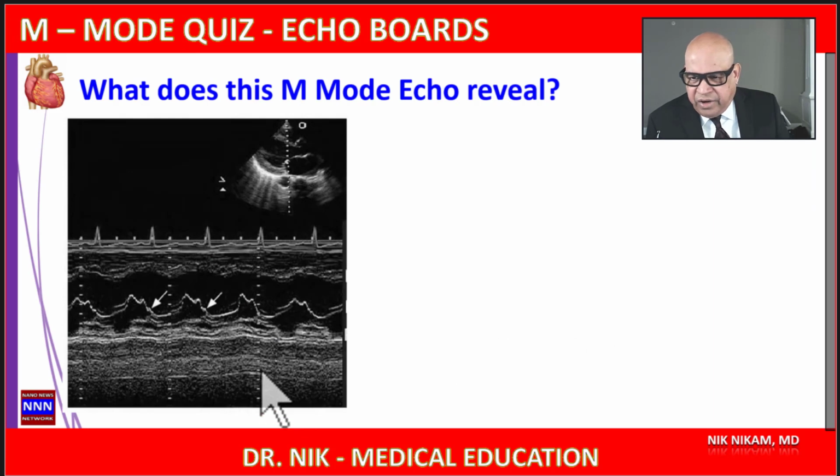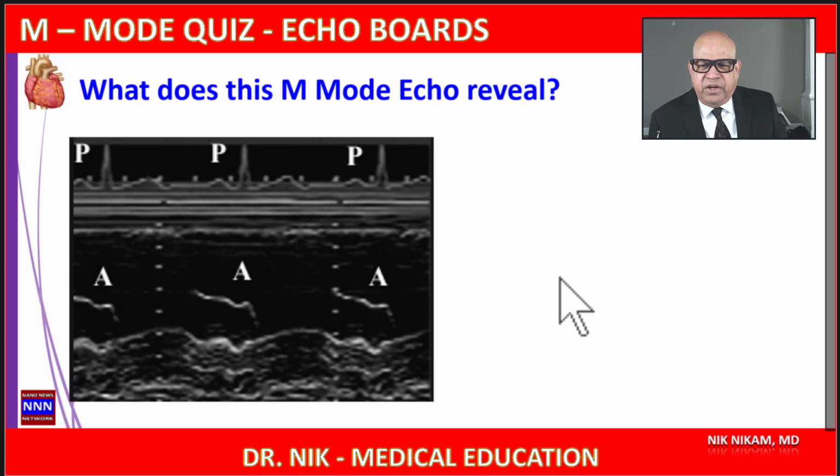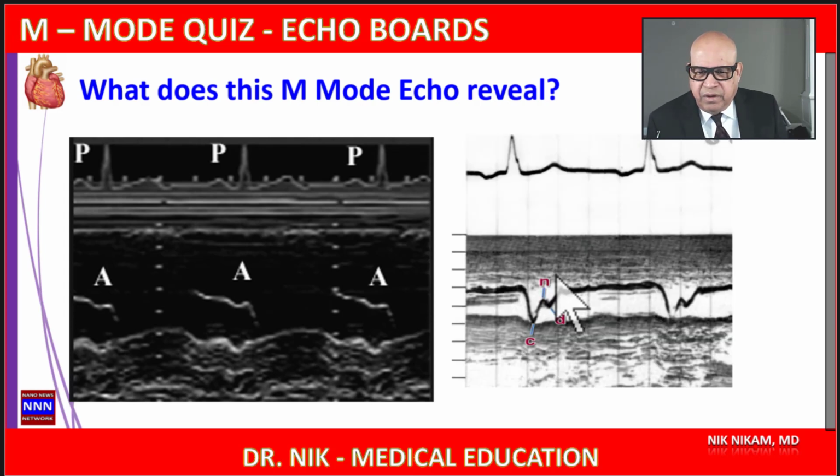And here's another example of a patient with a B notch, which we talked about, that represents elevated left ventricular end diastolic pressure. What do you see in this tracing? What structures does this represent? What is your diagnosis? All right, let's come up with something.